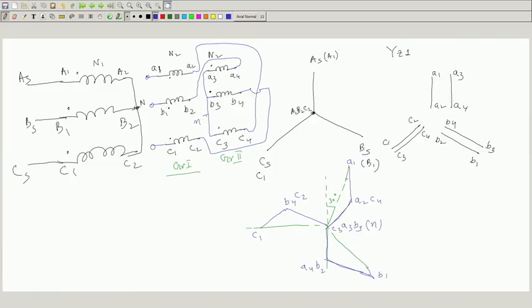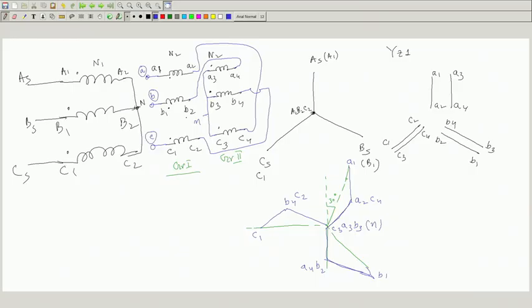If you start from N, traverse A3 A4, then traverse B2 B1 and get your supply B, this is supply A, load supply side, this is C. So, two coils are in series.